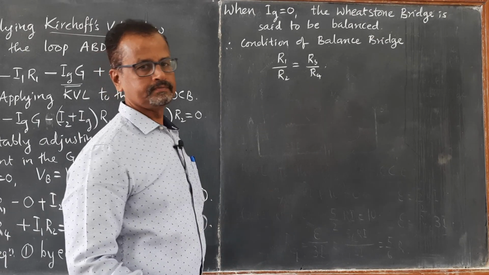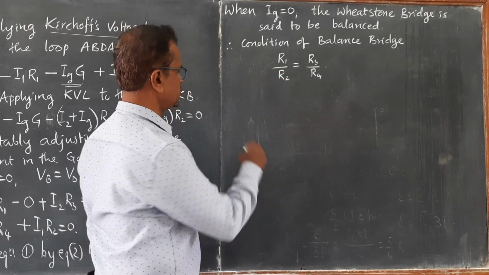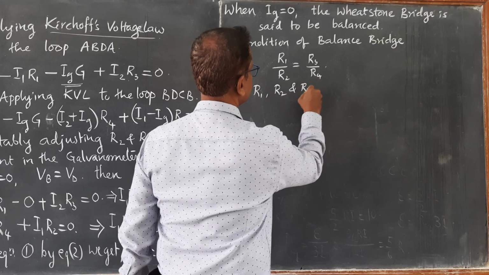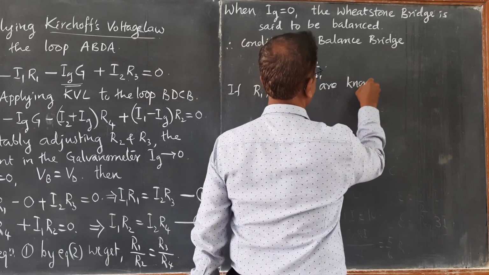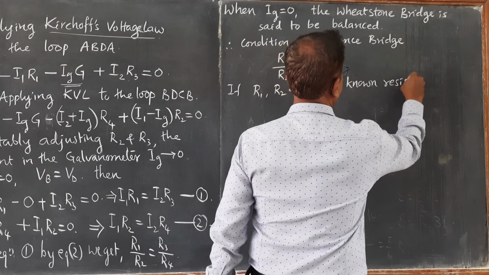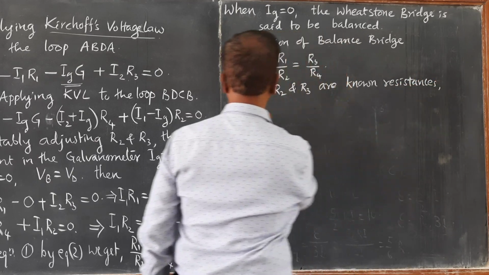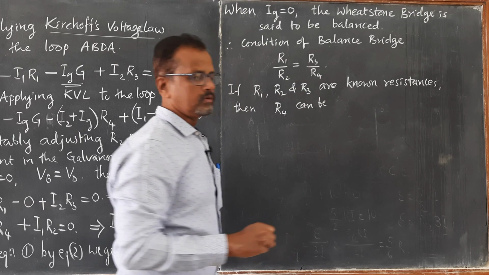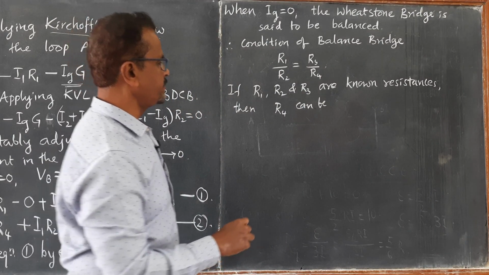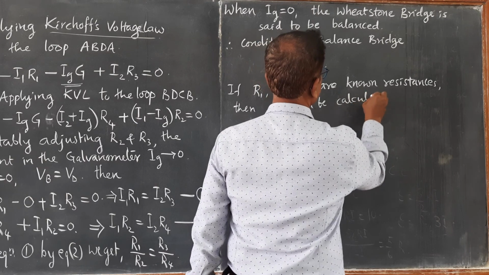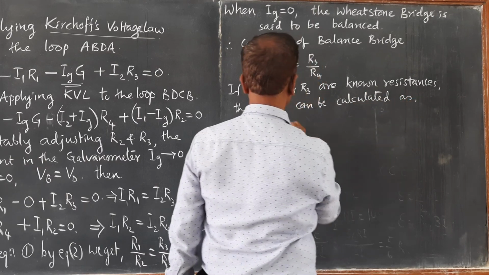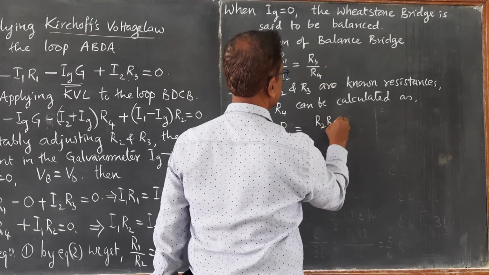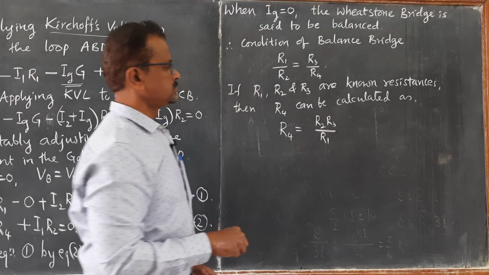If R4 is unknown and R1, R2 and R3 are known resistances, then the unknown resistance R4 can be calculated as R4 is equal to R2 R3 by R1.